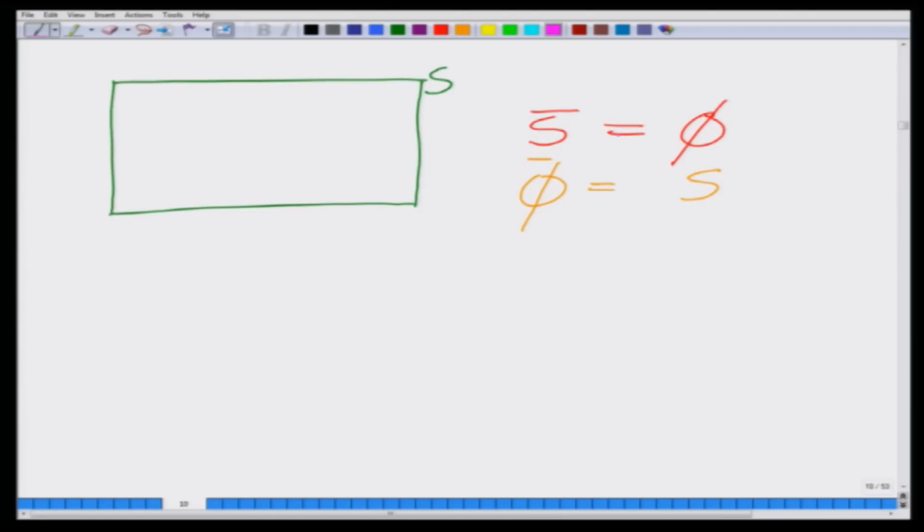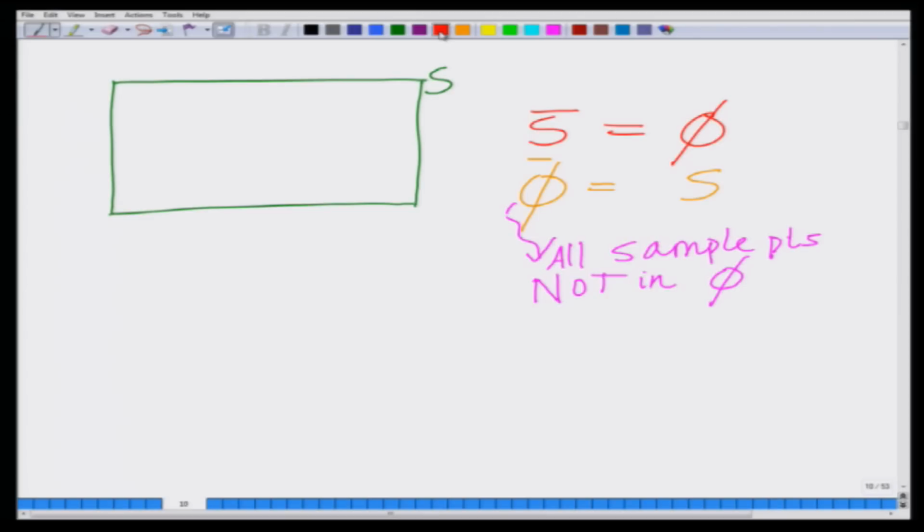Complement of the empty set is all sample points not in phi. So, phi complement is equal to S.